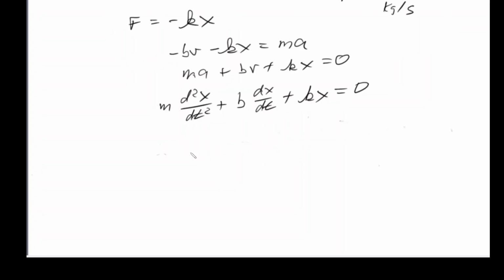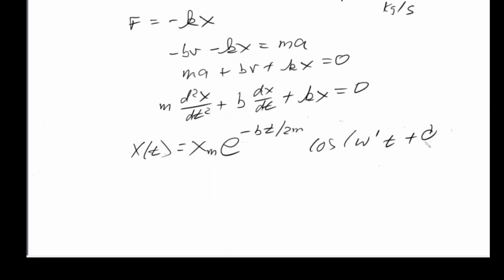Now this is a differential equation which you will learn to solve later on, but the solution actually turns out to be x of t is equal to x maximum times e to the minus bt over 2m times the cosine of omega prime t plus phi.